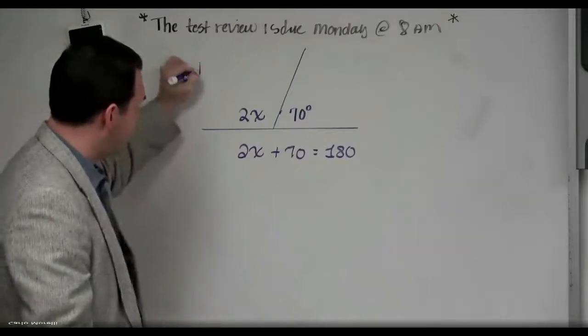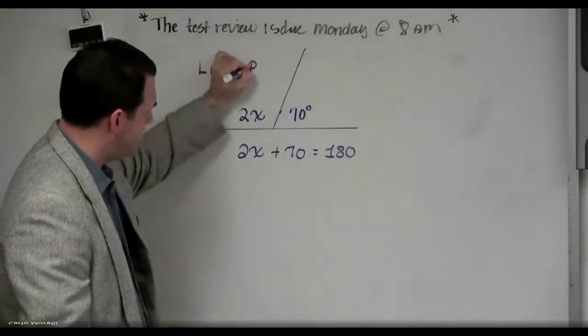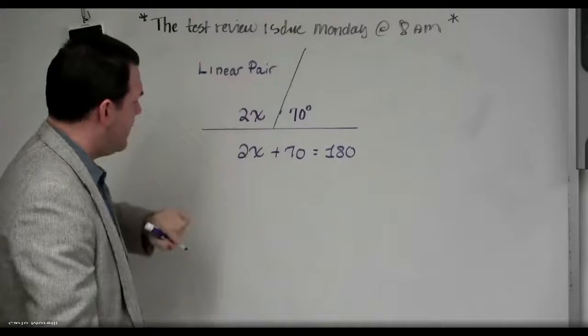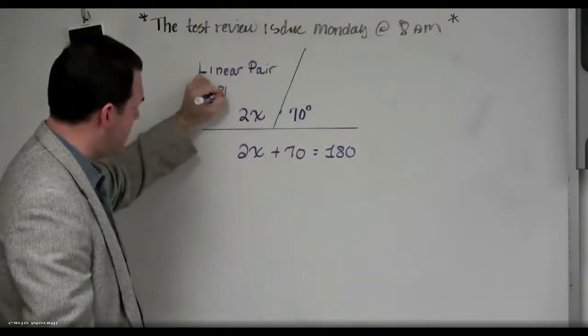This is called a linear pair. And linear pairs have supplementary angles.